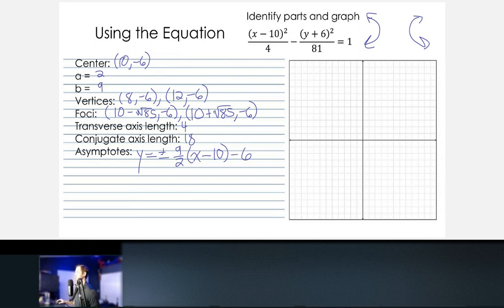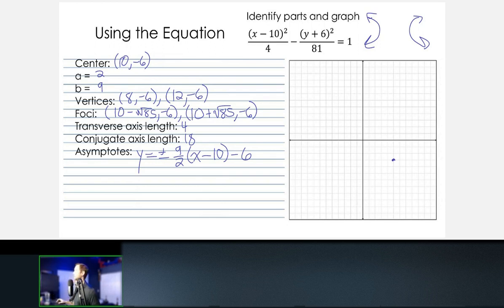And then we graph it, right? Let me quickly graph it. We're probably going to have to count by 2s again. Over 10, down 6. I'll count by 2s: 2, 4, 6, 8, 10, 2, 4, 6. There's my center.